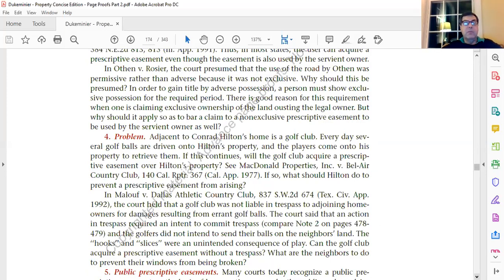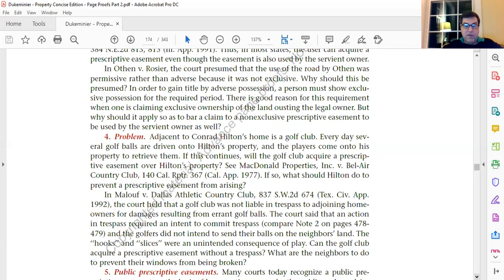Another possibility is maybe you sign an agreement with the golf club that indicates that the use is permissive, that you are allowing golfers to come onto your property and that you can stop doing that at some point in the future. But if it's permissive, then they shouldn't get a prescriptive easement. Or maybe you just need to sue the country club earlier to stop the golfers from coming onto your property.